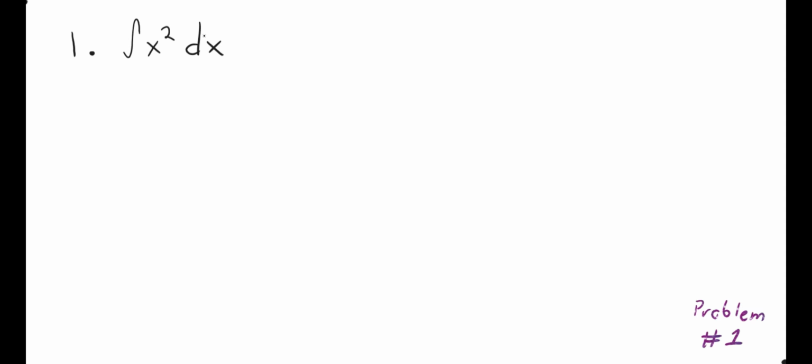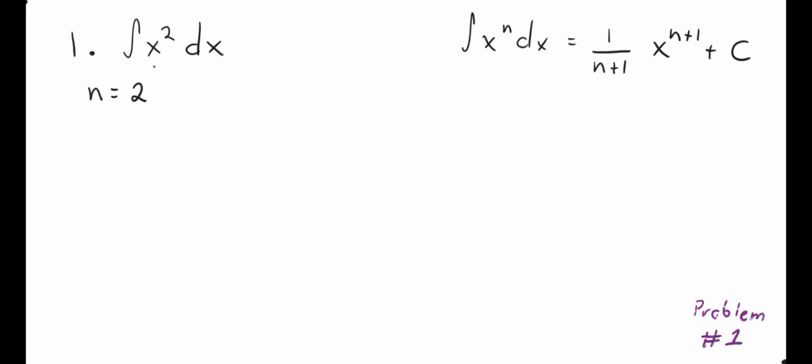We got to do the integral of x to the power of 2 dx. So let's look back at our previous formula, and we know that the integral of x to the power of n dx is equal to 1 over n plus 1 times x to the power of n plus 1, plus C. So let's consider that our n is number 2, and thankfully x is by itself, and we have that invisible 1.